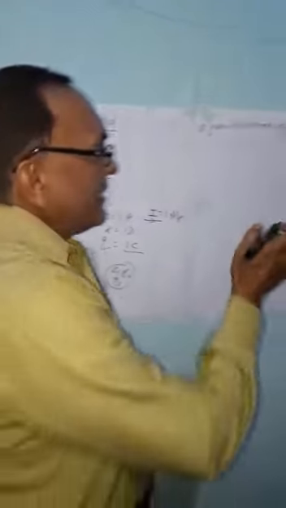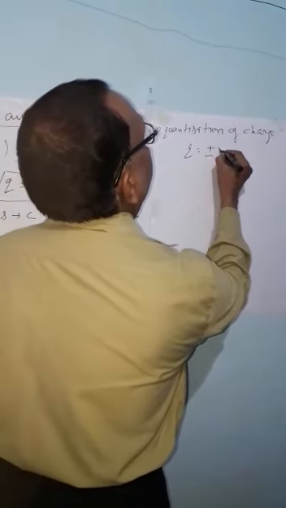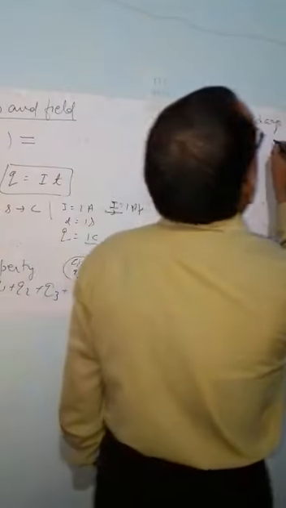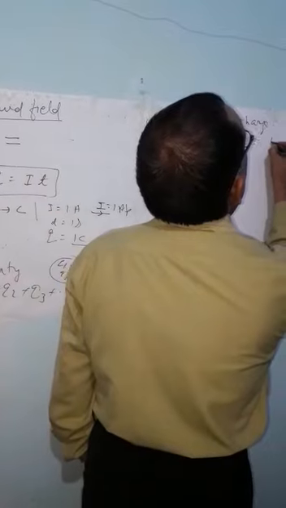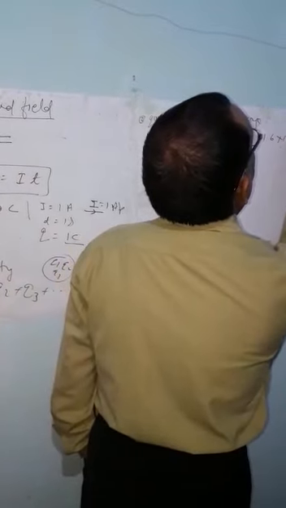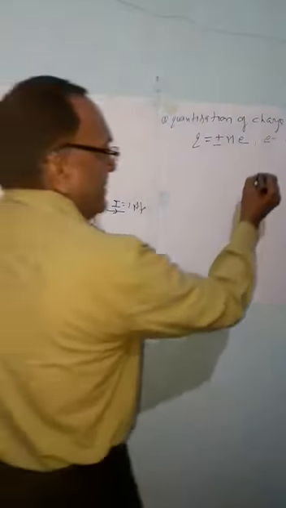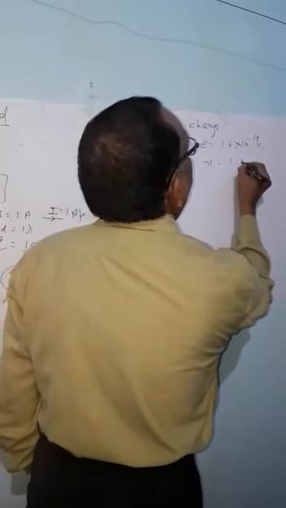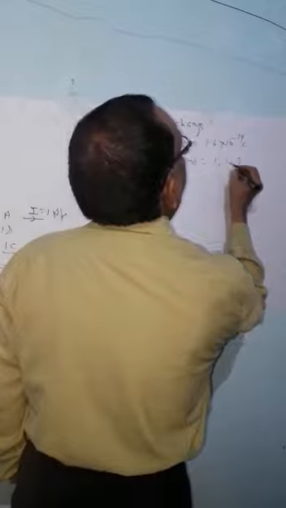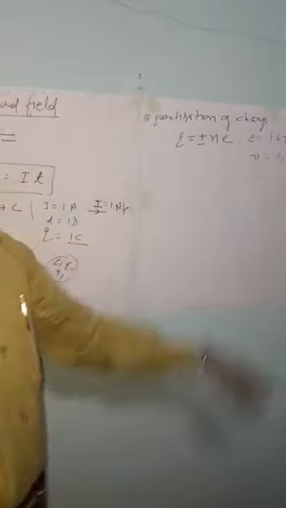The charge contained by a conductor is given by the formula Q is equal to plus minus N into E. Here N is an integer and E is the magnitude of charge of an electron. E is equal to 1.6 into 10 to the power minus 19 coulomb. N is an integer, N is equal to 1, 2, 3 like this. It cannot be a fraction. Please keep in mind, N cannot be a fraction.